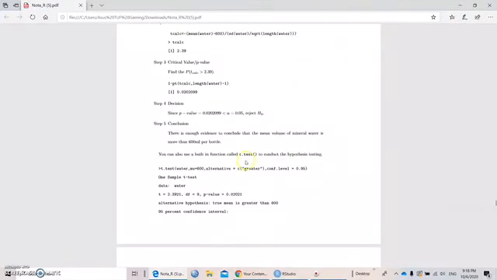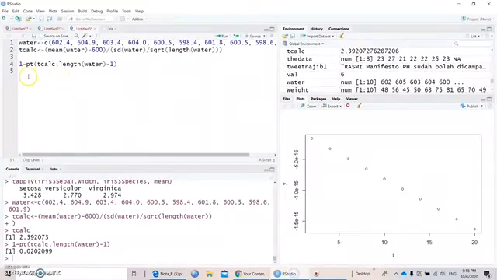You can also use a built-in function called t.test to conduct the hypothesis testing. So t.test, put the data which is water, and then we want to test mu equal to 600.